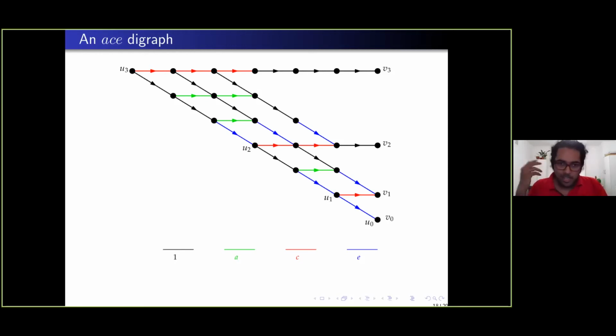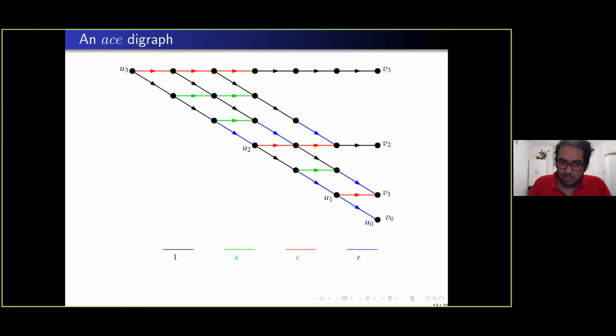So take this directed graph. Now you have two special families of vertices: the U_i, which we call the sources, and the V_i, which we call the sinks. The edges are weighted, and we can also define the weight of a particular path.